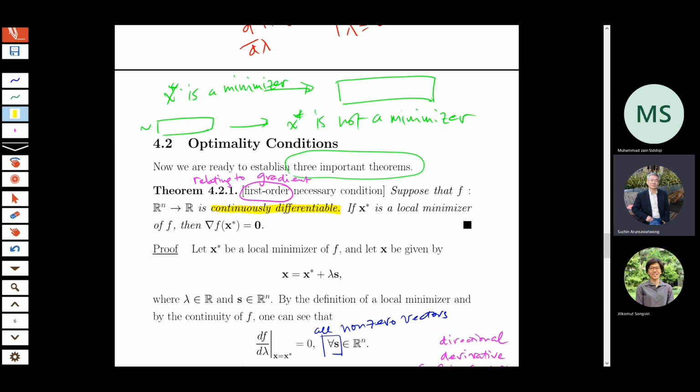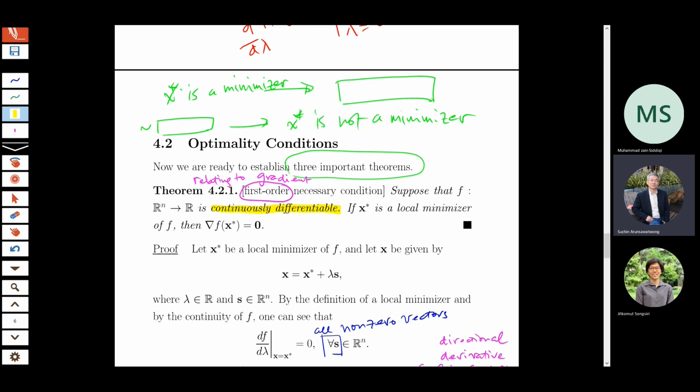If we use an analytical method to compute a local minimum of a function f, then we have to set the gradient expression to be 0, and then solve the nonlinear equation.